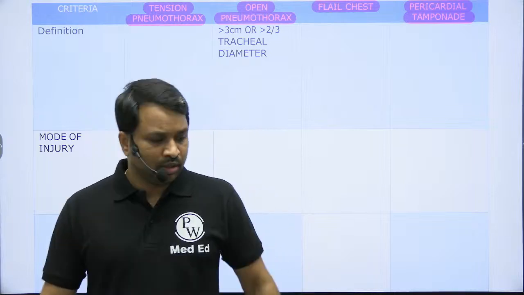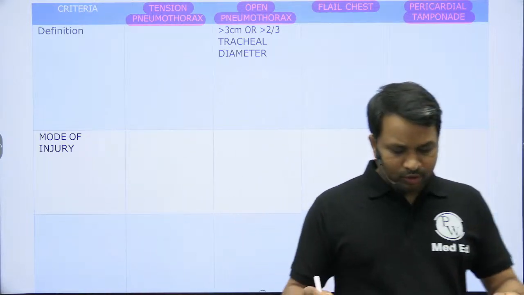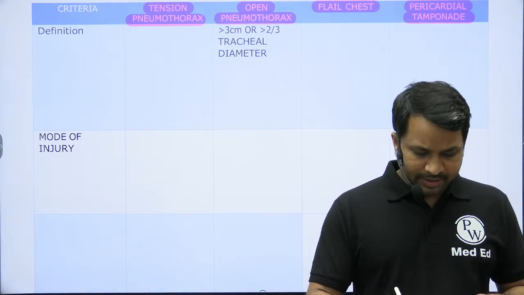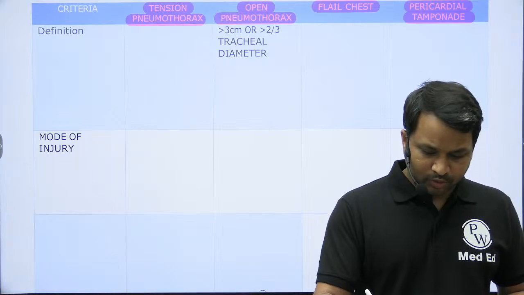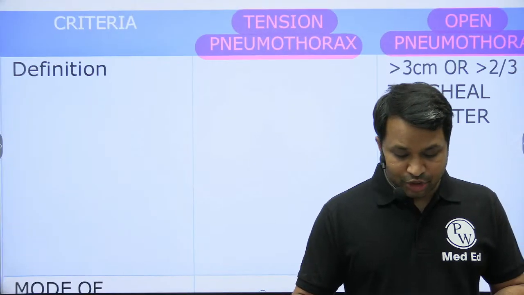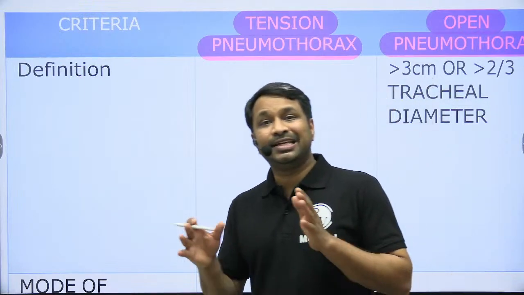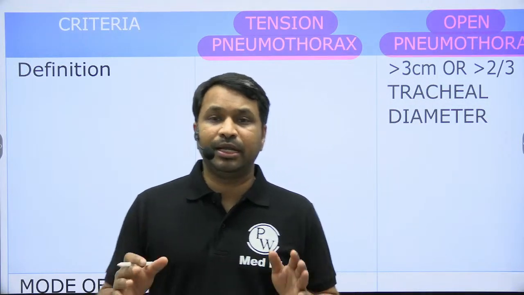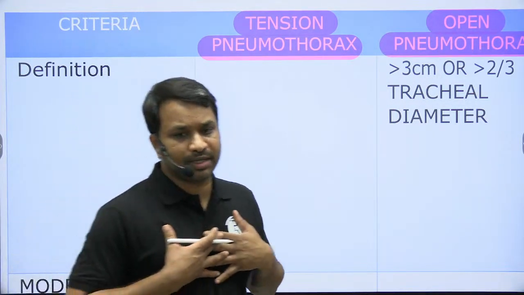Now, what is the basic definition of a tension pneumothorax? Tension, as the word says, means constant increase in pressure in a confined environment. Pneumo is air, thorax is the thoracic space.